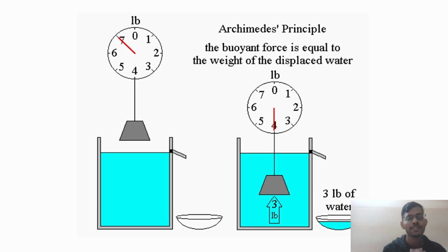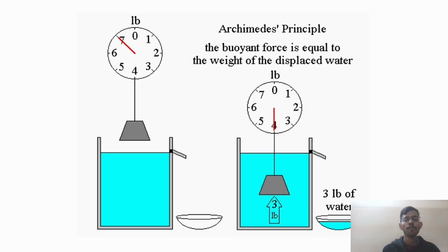Now let us consider an example for better understanding of Archimedes principle and the buoyant force. In this picture, we have a load in air with a weight of 7 pound, and then we have immersed the load in the water. When we immerse the load in the water, some of the water is displaced from the beaker.